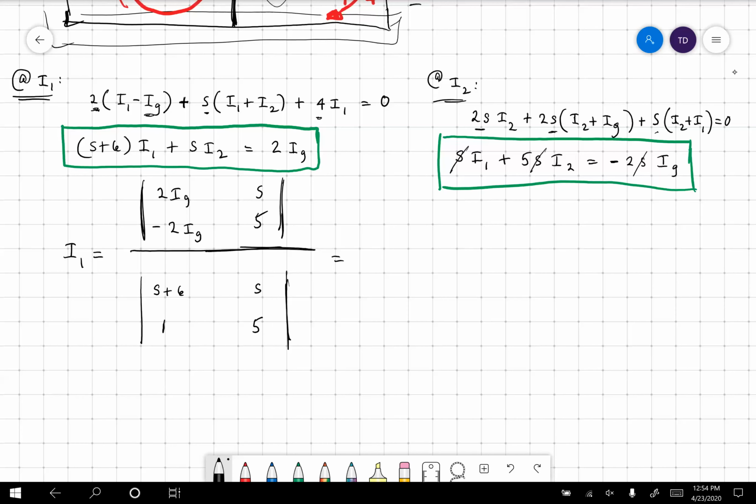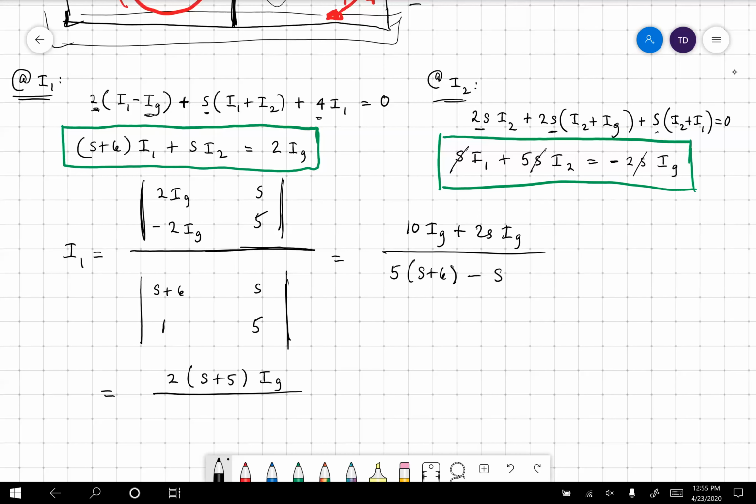So let's solve for this. This is equal to 10IG minus a minus 2S IG. It's going to be plus 2S IG. And then in the denominator, 5 times S plus 6, minus S. All right, let's clean that up. So 2S, I'm going to factor out a 2 times S plus 5 times IG, divided by 5S minus S, 4S plus 6.